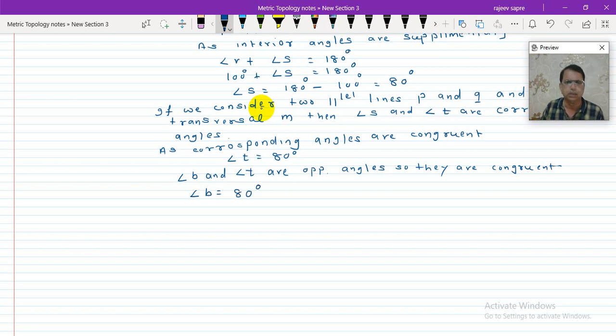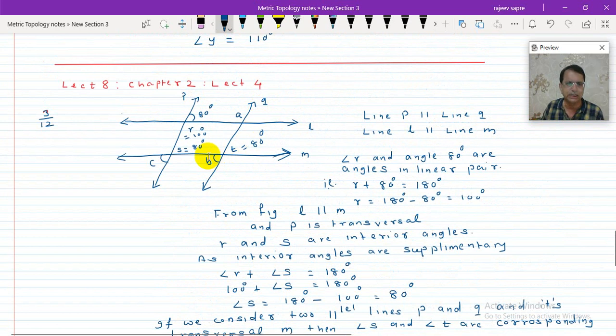That is done. So now coming to the figure, B is 80, I will write 80 here. This is of 80 degrees. Now you can easily see that if you take these two lines, parallel lines, and this as a transversal, then C and B are corresponding angles.